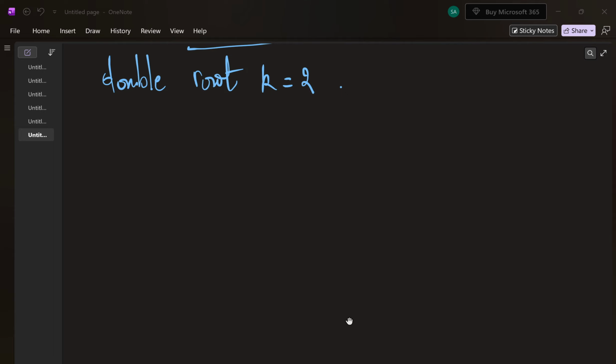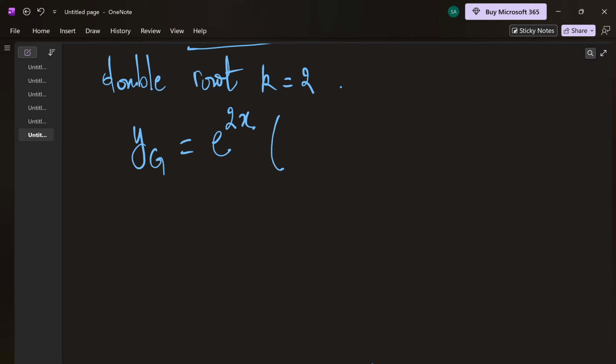As we have seen in the third case, the general solution is yg is equal to exponential 2x times c1 plus c2x, and that's it. This is the solution that we are looking for.